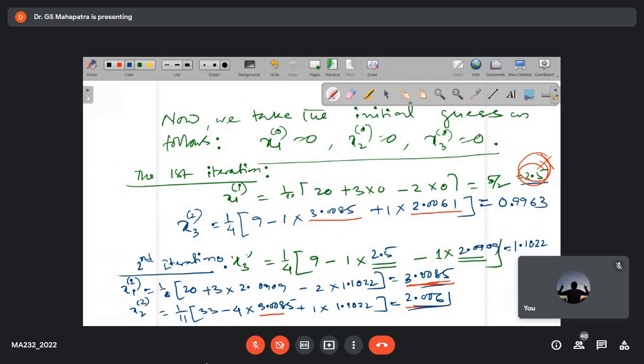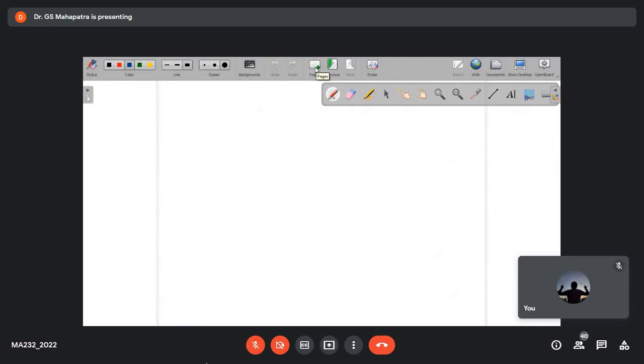So third iteration, you just complete the third iteration, then we will stop. In the next one I will write the third iteration.